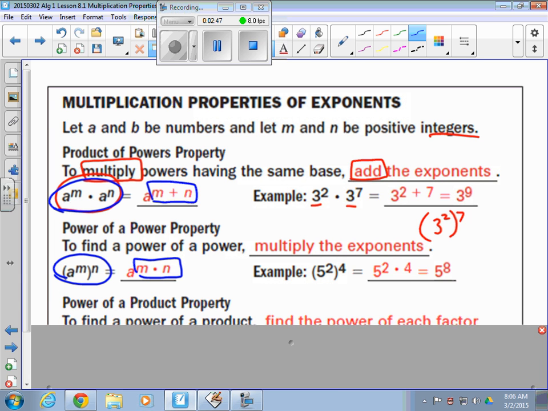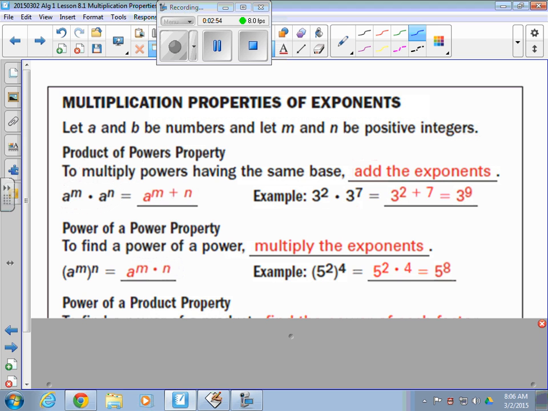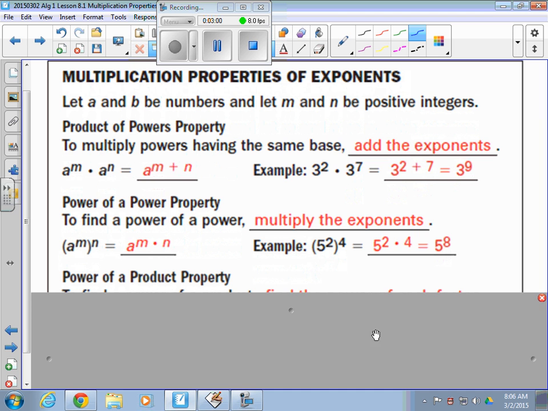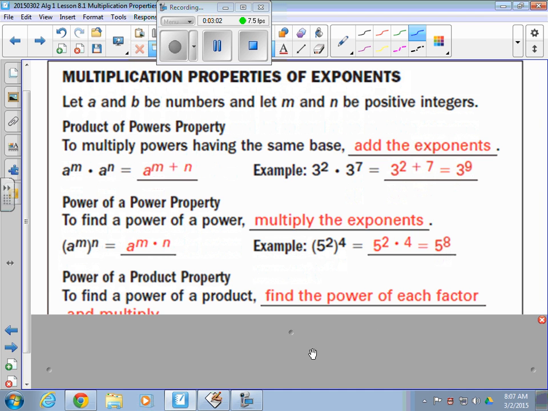And then the last one kind of goes against what you're comfortable with, Please Excuse My Dear Aunt Sally. The example they show kind of goes against doing what's in parentheses first. It's not made for that, though. It's made for when they're actually different numbers, and I'll show you what that means in a minute.